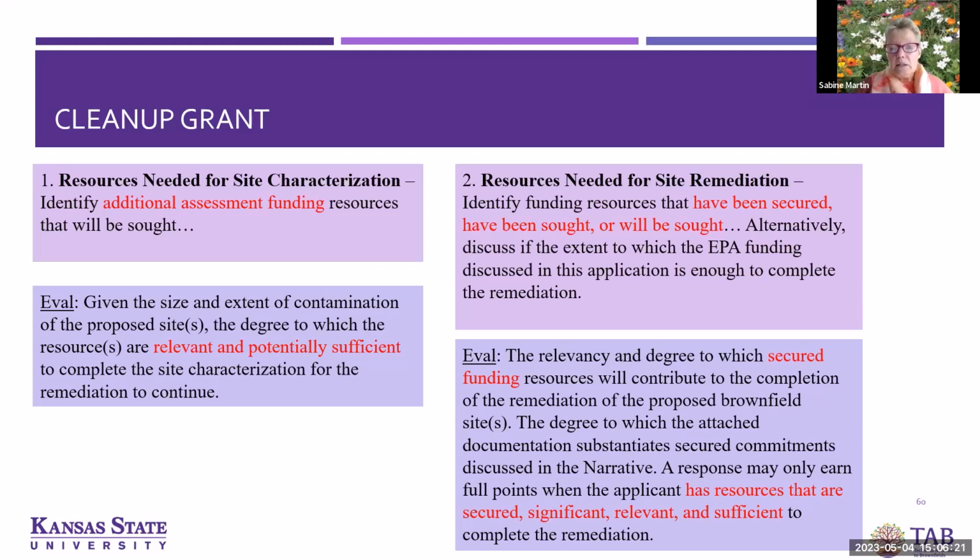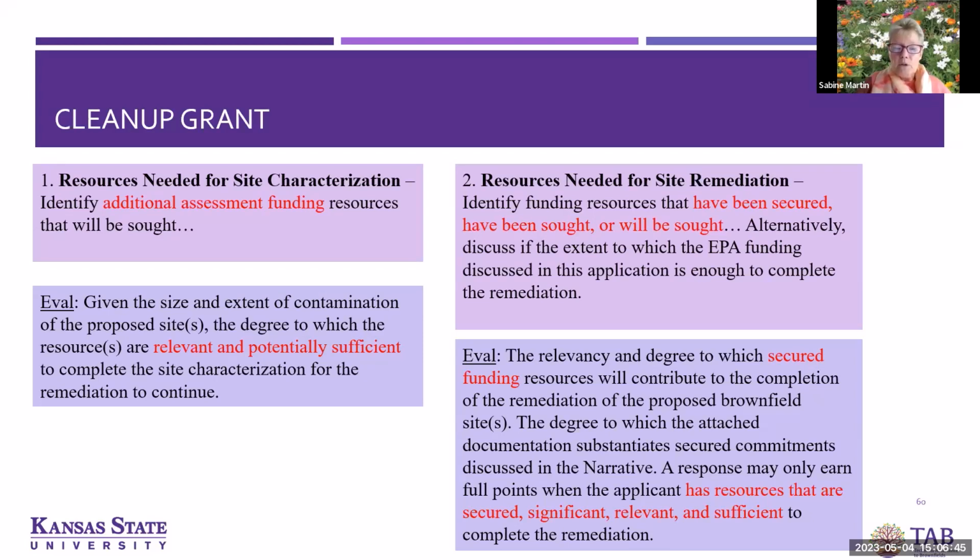Additionally, discuss the extent to which the EPA funding discussed in this application is enough to complete the remediation. Usually it's not. So evaluation is the relevancy and degree of these secured funding resources, and the degree to which the attached documentation substantiates secured commitments discussed in the narrative part.